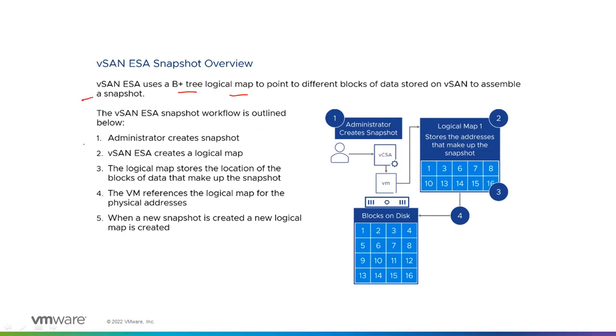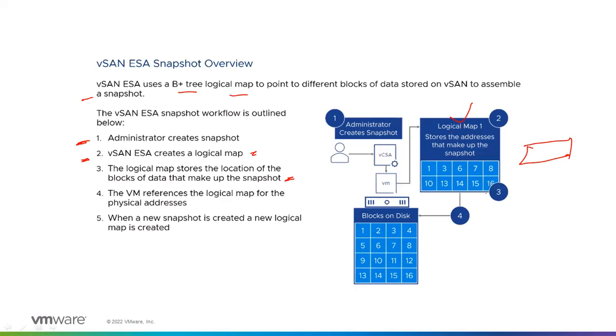When an administrator creates a snapshot, vSAN ESA creates a logical map. The logical map stores the location of the blocks of data that make up a snapshot. So it is not purely defined as a delta disk, it is defined as a logical map.